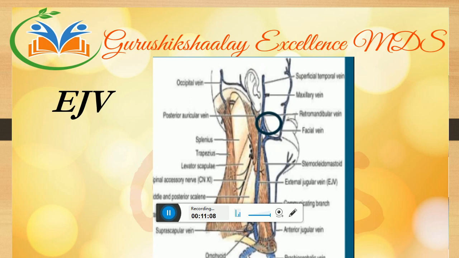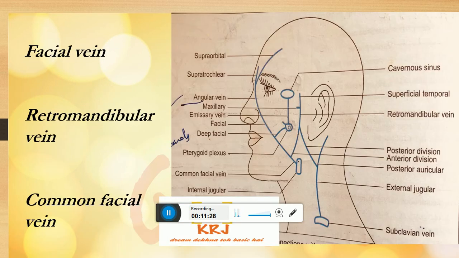Okay. Very simple. The external jugular vein is formed by the union of the posterior auricular vein plus the posterior division of the retromandibular vein. Just let me show you the diagram.